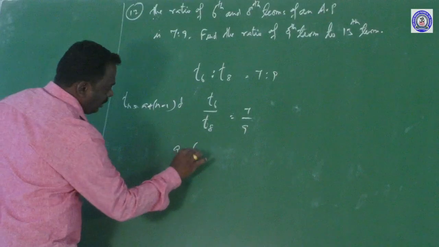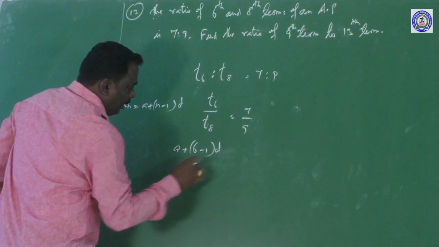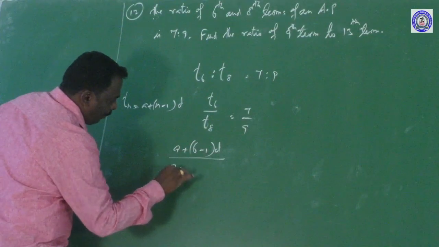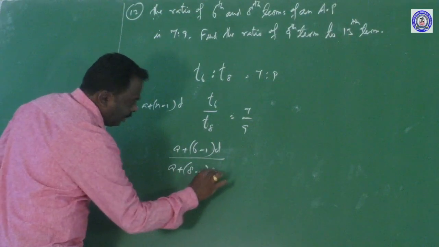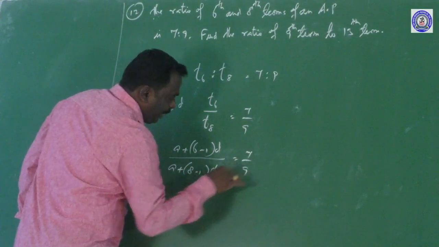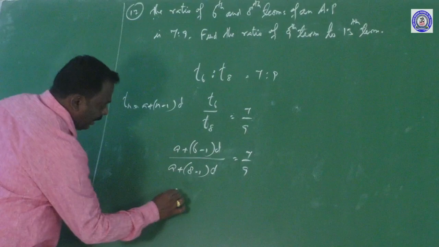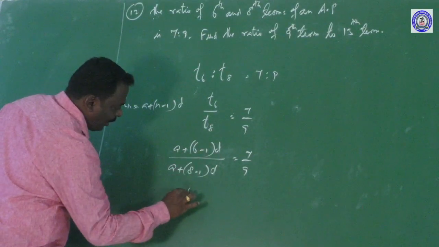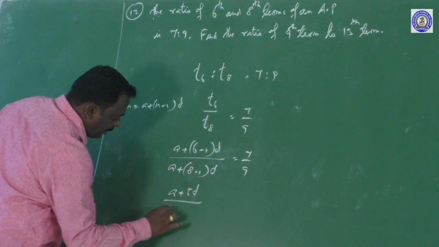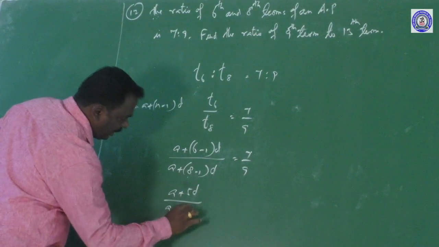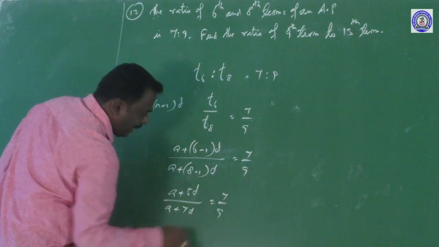Therefore, A plus 6 minus 1 into D, divided by A plus 8 minus 1 into D, is equal to 7 by 9. Now simplify: A plus 5D by A plus 7D is equal to 7 by 9.